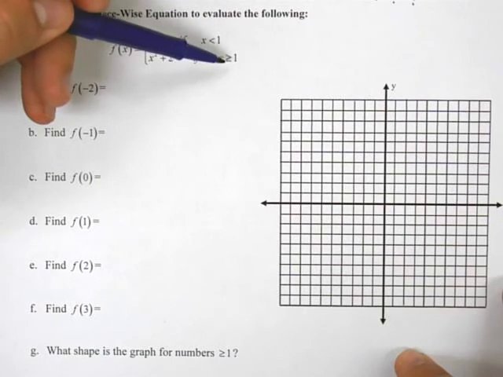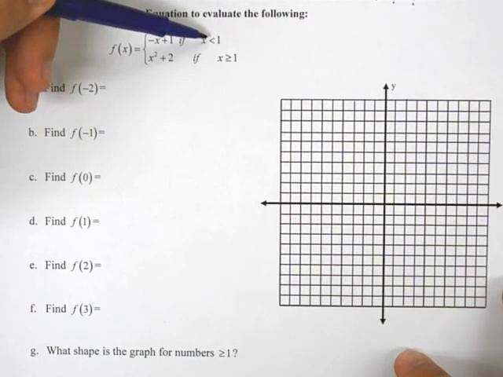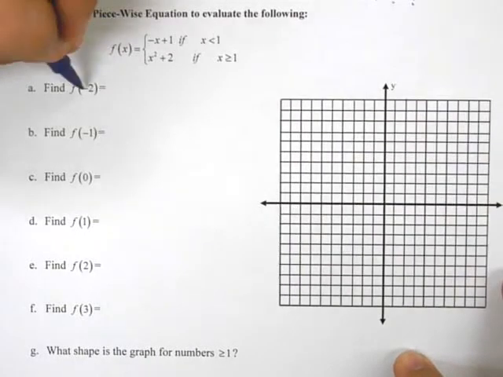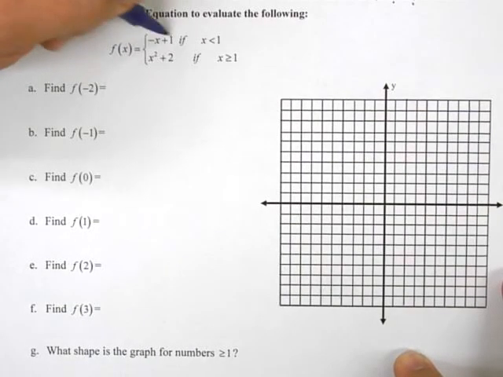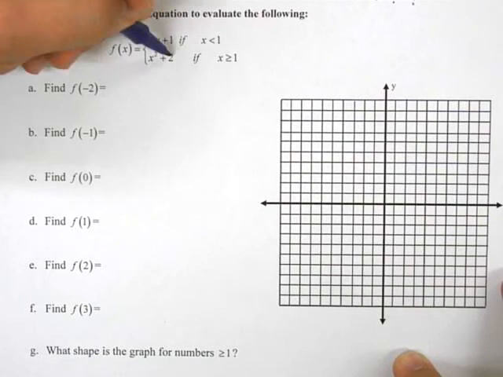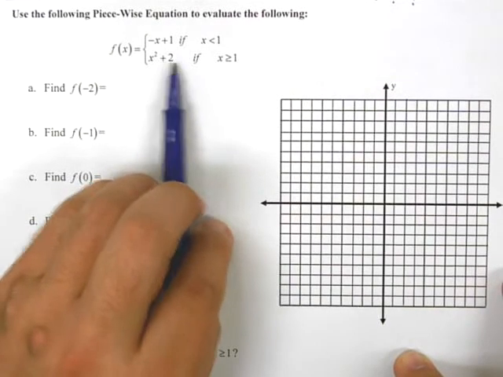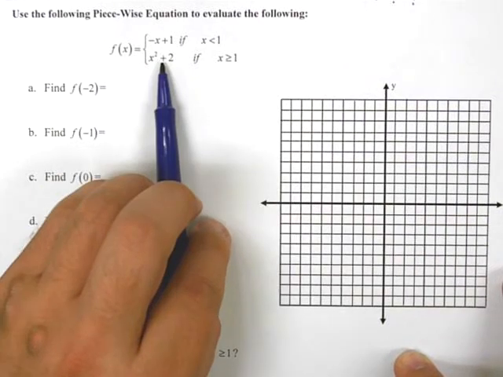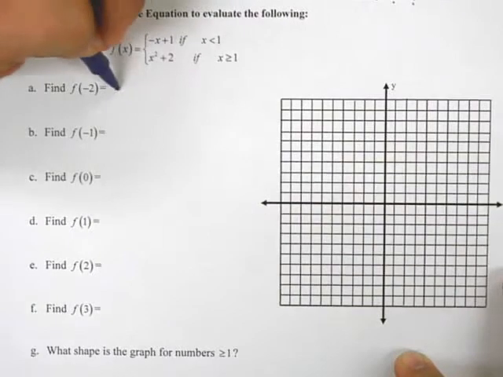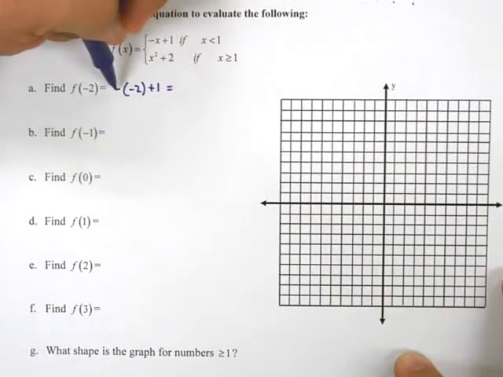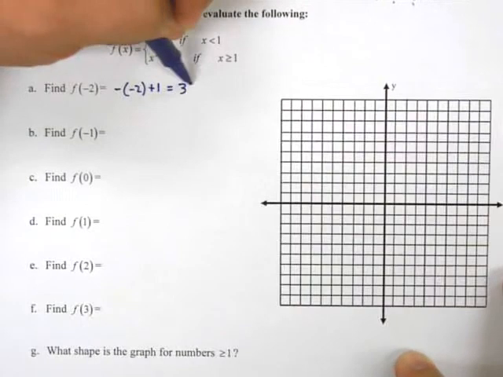Greater than or equal to 1 or less than 1? Yeah, less than 1. So I have to plug f of negative 2 into my top function. If I plugged it in here, it wouldn't get me anything, right? This is not part of my piecewise function when x is negative 2. All right, so we plug in, we have negative 2 plus 1. That should equal, that's a positive 2, so 3.